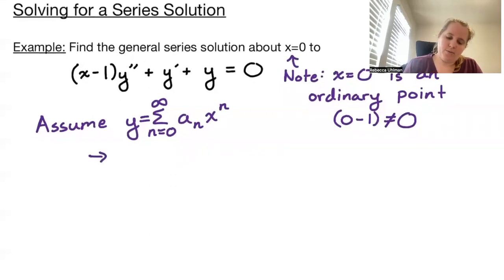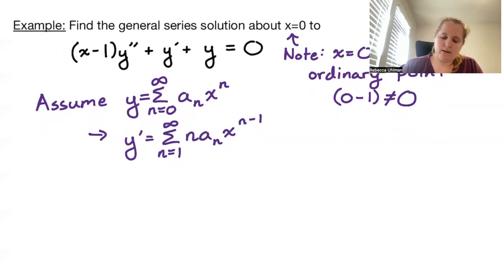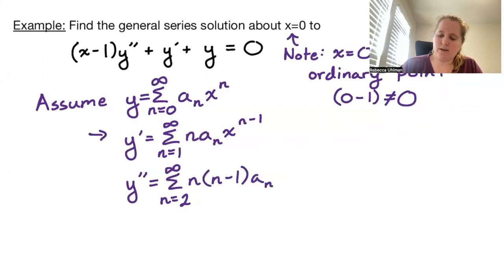And we have that y prime is the sum from n equals 1 to infinity of n times a sub n times x to the n minus 1. Y double prime, the second derivative, is the sum from n equals 2 to infinity of n times n minus 1 times a sub n times x to the n minus 2.